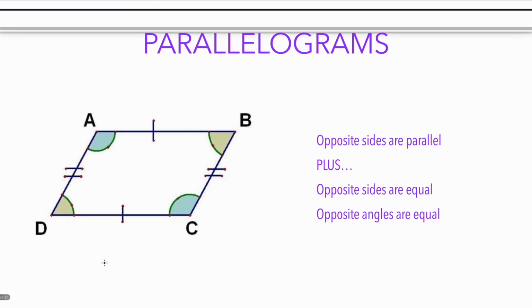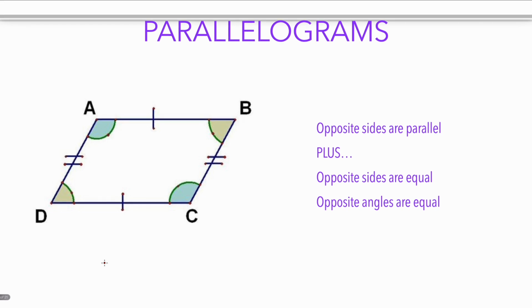Now, to talk more specifically about parallelograms, there are a couple of characteristics that you have. In a parallelogram, we already know that opposite sides are parallel based off of the definition. However, a few more things can be noted. One, opposite sides are also equal.